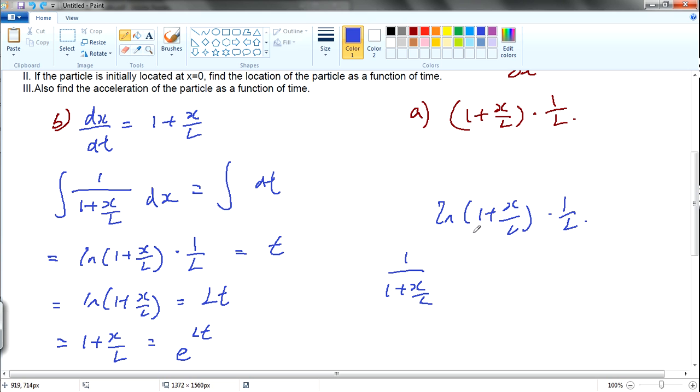Now what it means. All the while there's no product rule in there. Anyway, if you differentiate this part, you'll get 1 over L times 1 plus x over L, and then there will be an inner one. So you differentiate, you'll have L, right?